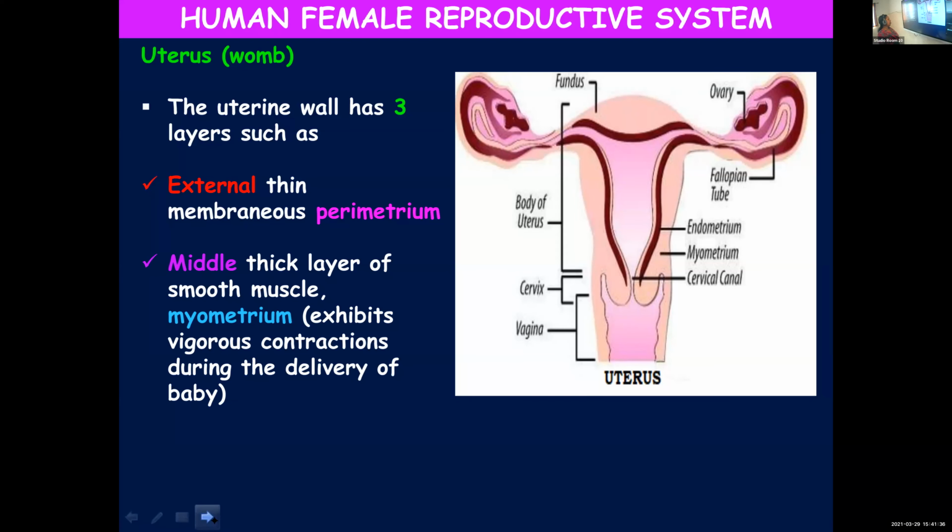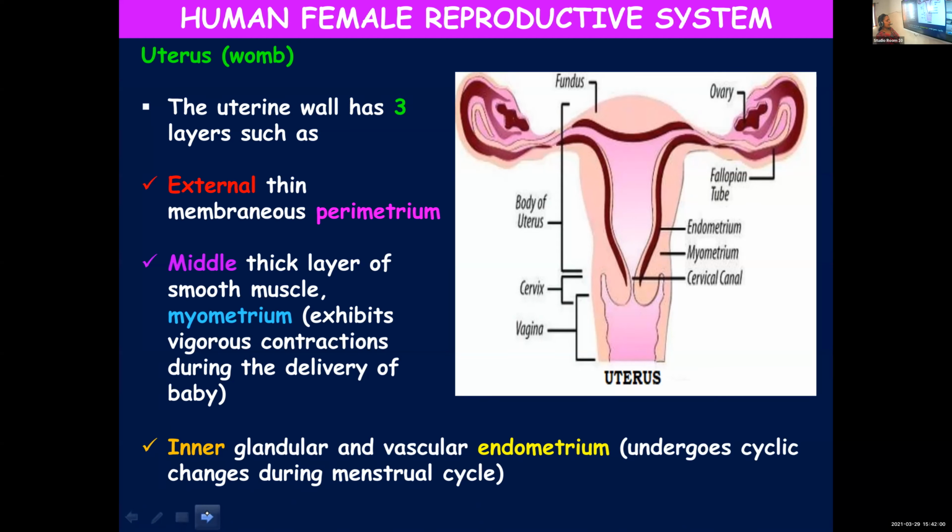M for middle, M for myometrium. It is this layer that exhibits vigorous contractions at the time of childbirth. At the time of delivery of the baby, it is these muscles that exhibit contraction and relaxation, facilitating the baby to be delivered.